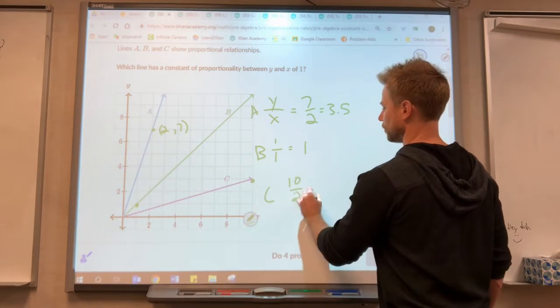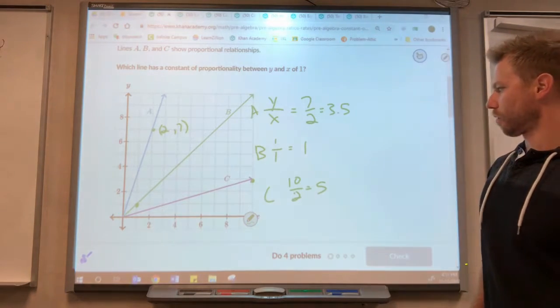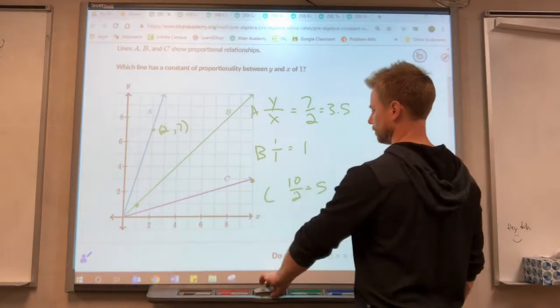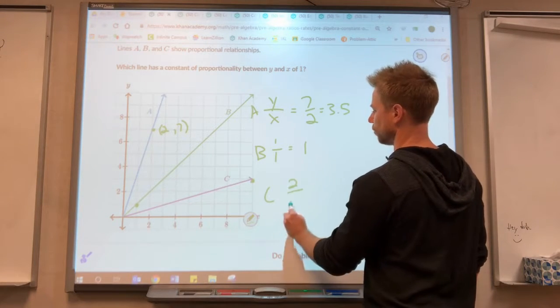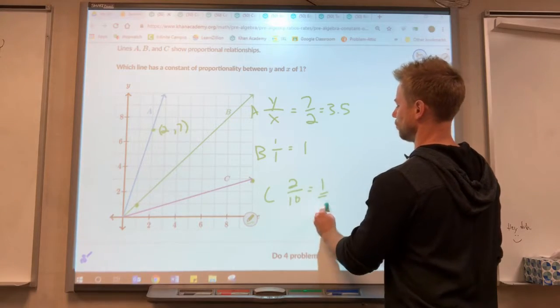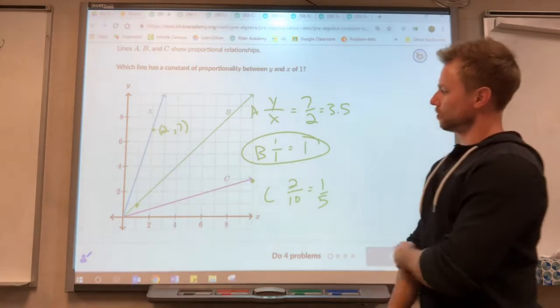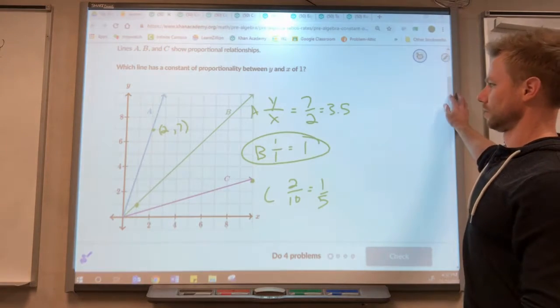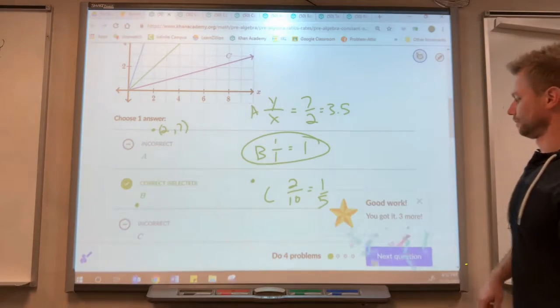Oh, actually that should be 2 over 10, y over x. So it should be 2 over 10, which equals 1/5. So we can see that B has a unit rate of just 1 when it goes up 1 over 1.